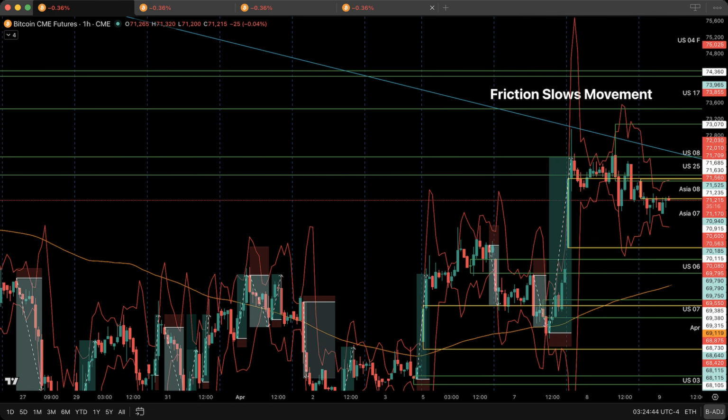Now the overlap becomes more visible. Each new session does not create new structure. It forms on top of existing session memory. This is critical. Even though prior session memory is removed visually in this chart, the structure still respects those levels. Every session anchor forms where previous interaction already existed.